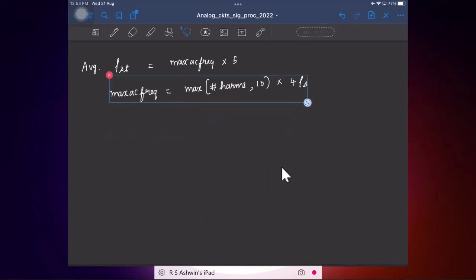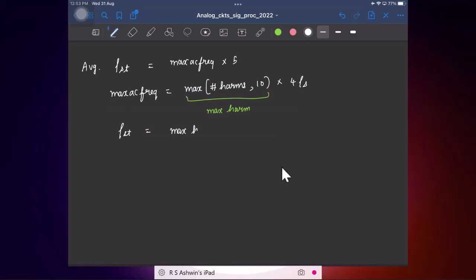So you can also write stroke period as, I will call this max harmonic. Then what does it become? Max harmonic times 20 Fs.